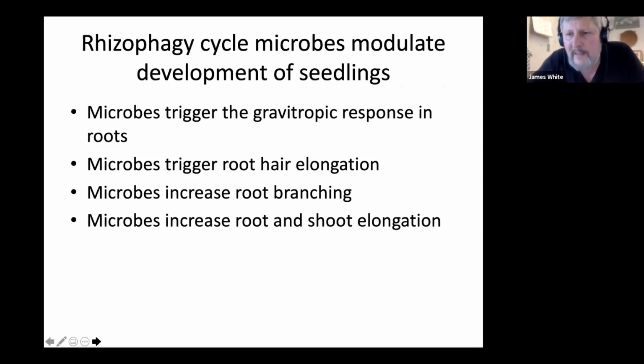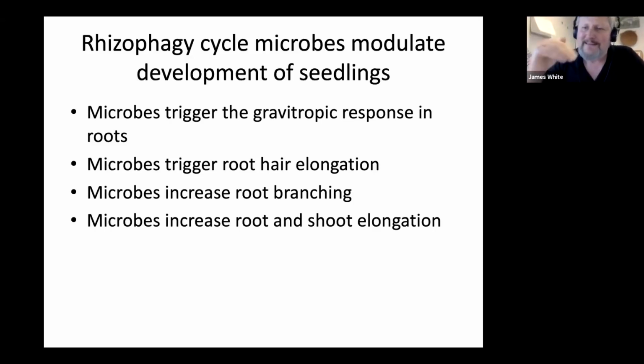But they're important for more than just obtaining nutrients, because plant development depends on the presence of these microbes in the root cells. The microbes in the root cells will trigger the gravitropic response. The gravitropic response is when roots go down with gravity. If we take all the microbes off of seedlings, the seedling roots stay on the surface, or sometimes they just go in the air.